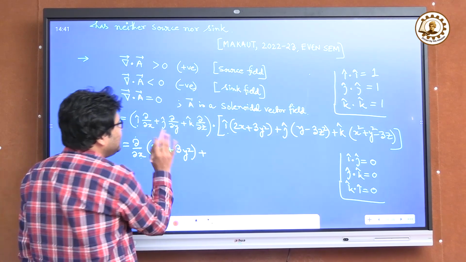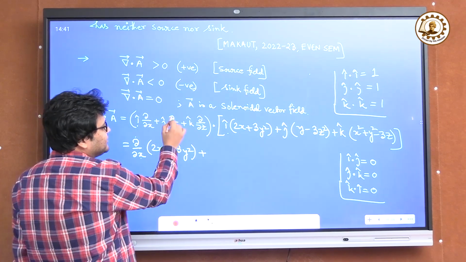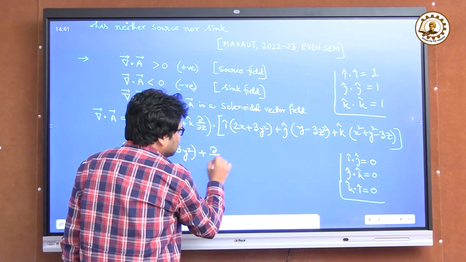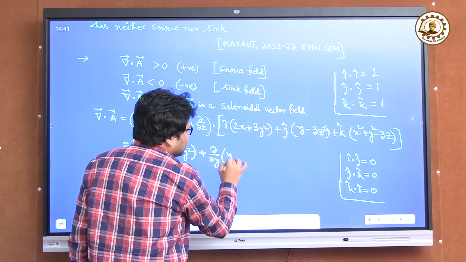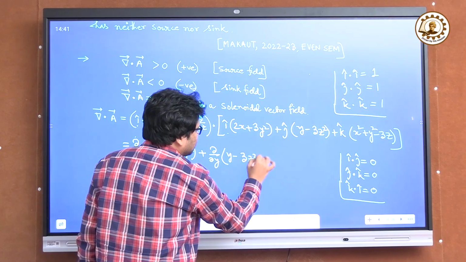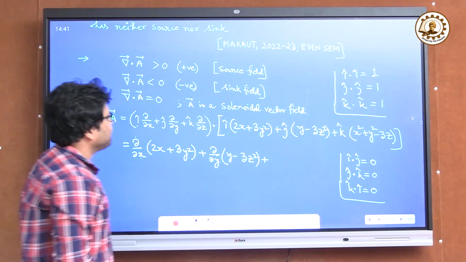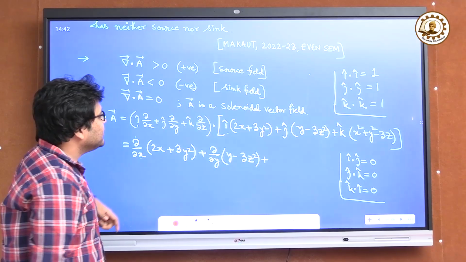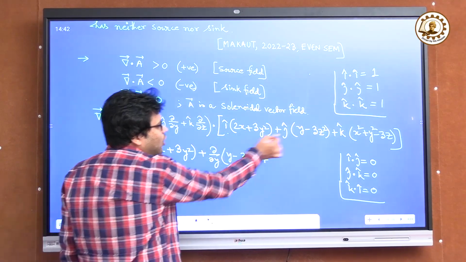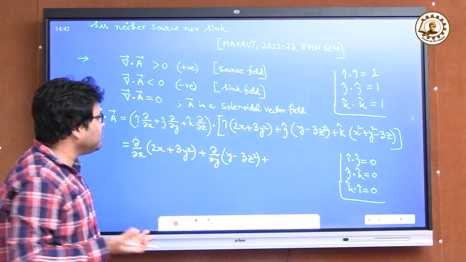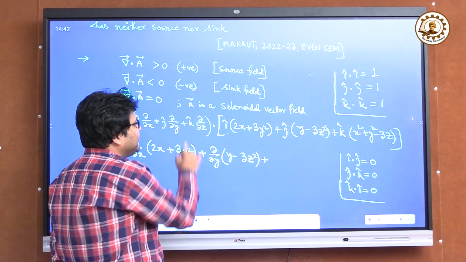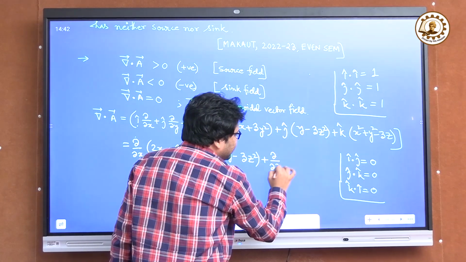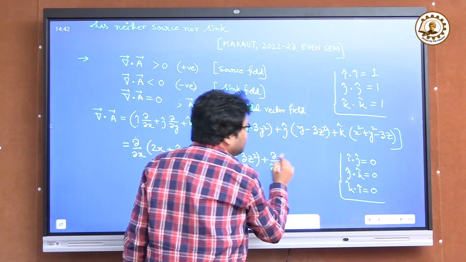So as a result, we only have a single term, that is del del y, that is going to act on the j cap component. Plus, similarly, for the k cap component, when it is multiplied with i cap or j cap, that results simply 0. Only one term survives when we multiply k cap with k cap. So it results in del del z, that is going to act on the k cap component of the given vector field.